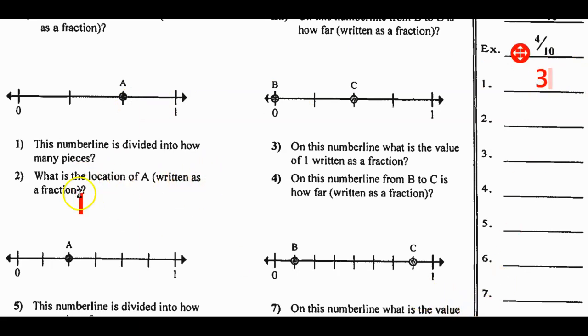And what is the location of A written as a fraction? So if my distance from 0 to 1 is 3, like this, that's my denominator. Okay? And then how far is 0 to letter A? 2. So as a fraction, the location of letter A is what? 2/3. Okay?